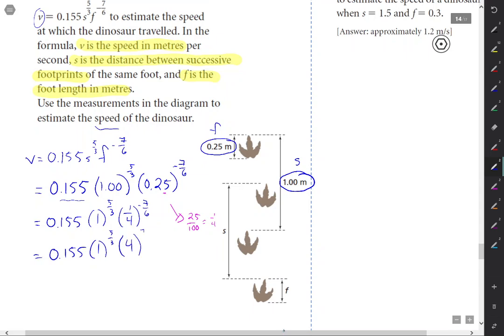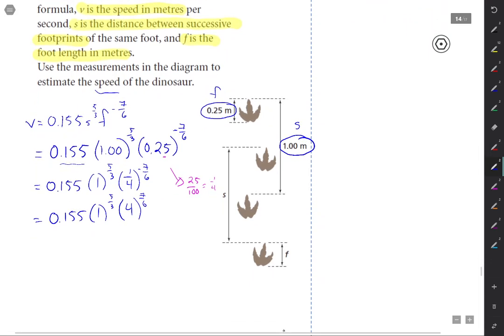Now this exponent is positive. Now that we have positive fractional exponents, let's turn those into radicals. The 0.155 stays the same, but now we have the third root of 1 to the power of 5, and the sixth root of 4 to the power of 7.